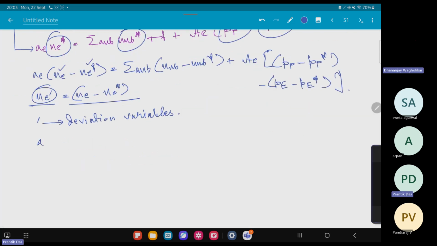So this becomes A EV prime equals A in B UNB prime plus A E, PP prime minus PE prime.